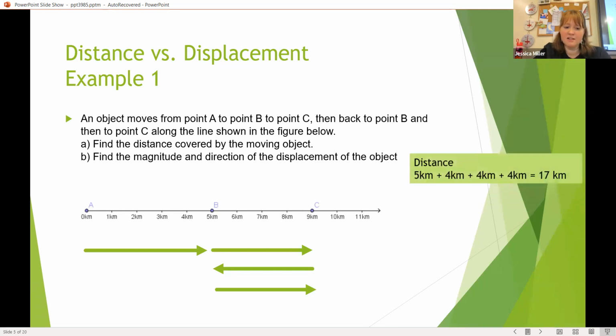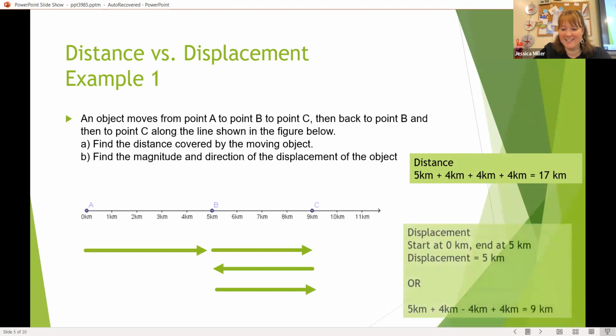So the distance is going to be equal to the total length that this person traveled. So they went 5 kilometers, and then 4 kilometers, and then 4 kilometers again, and then 4 kilometers again. So they traveled a total of 17 kilometers, which is, I don't know where they're going. This isn't just walking down the hallway. They are on a trip. So maybe we're driving instead of walking.